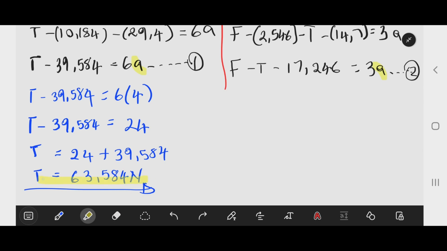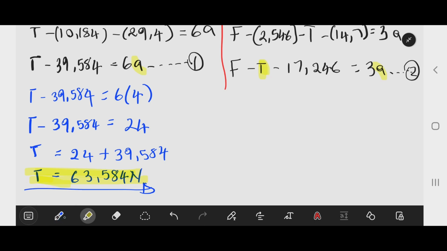And if we insert our tension up there, we have acceleration as 4 and we have that as 63.584. We can now obtain our applied force, if this was moving at 4 meters per second squared up the incline.